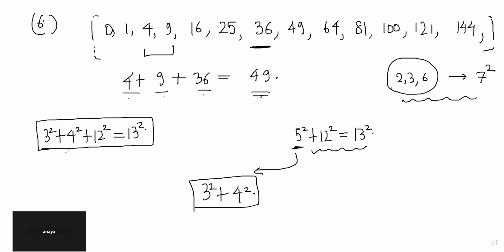In general, there are many such numbers which satisfy this property that the sum of three perfect squares is also a perfect square. And you can find all of them using this identity. For example, if you do 1 plus 2n square whole square, what is the square of this? It will be 1 plus 4n power 4 plus 4n square, right?